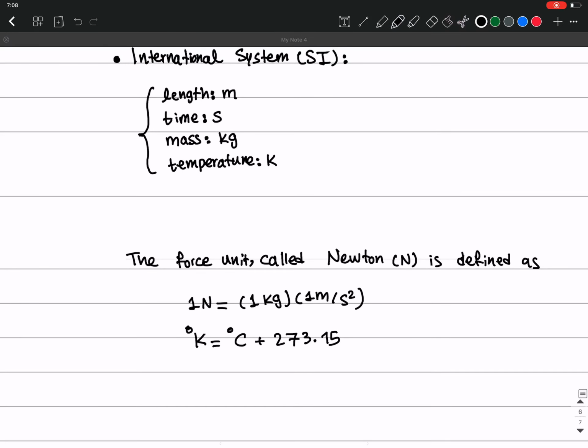Okay. And then the other system is the British gravitational, or BG system.